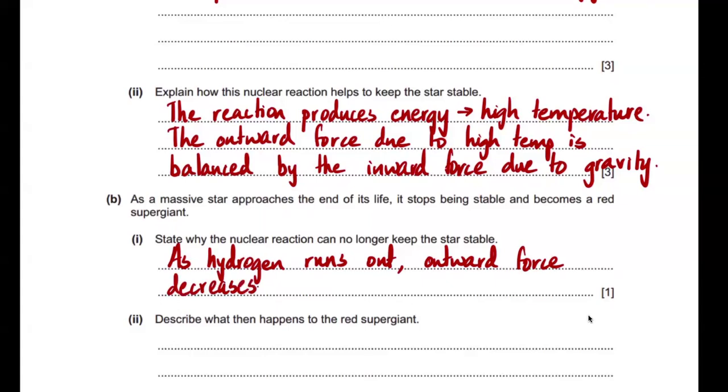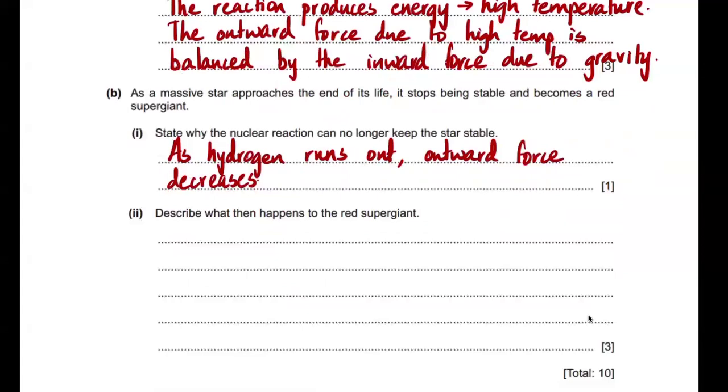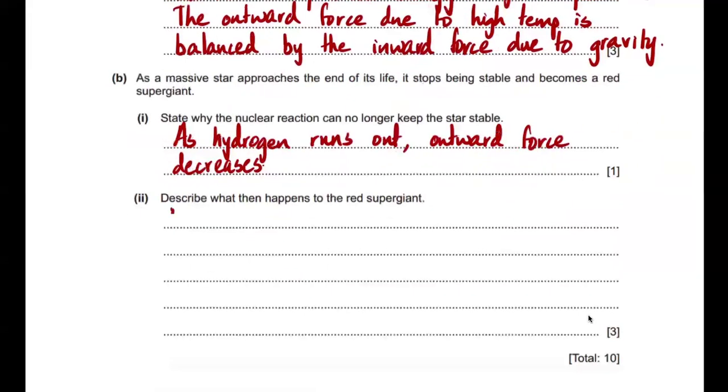Describe what happens then to the red supergiant. So for the red supergiant, we know that the red supergiant explodes. So this is onwards from the red supergiant stage. That's why I'm just picking up from where the examiner has given me the scenario, and it turns into a supernova.